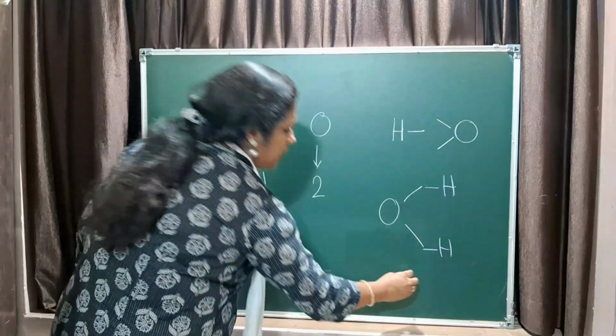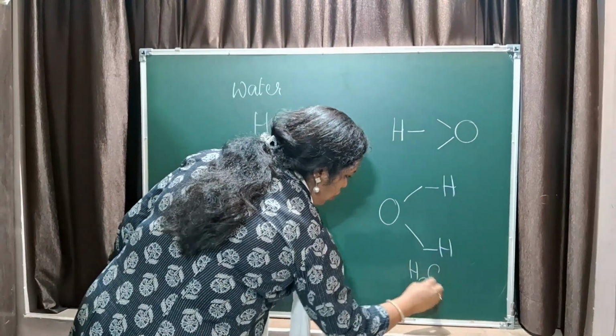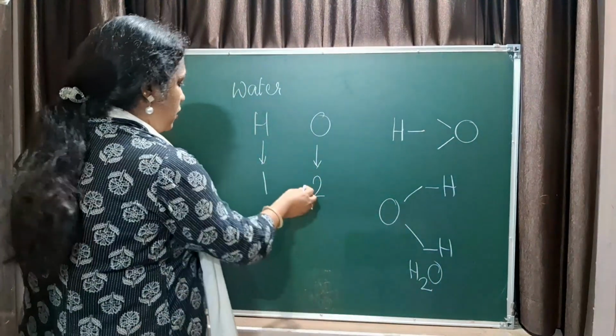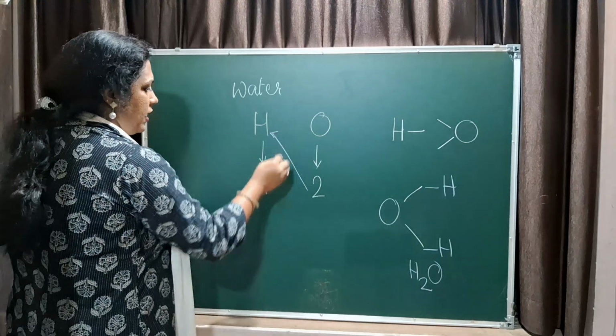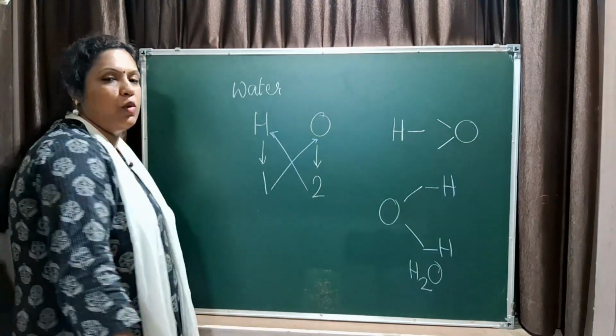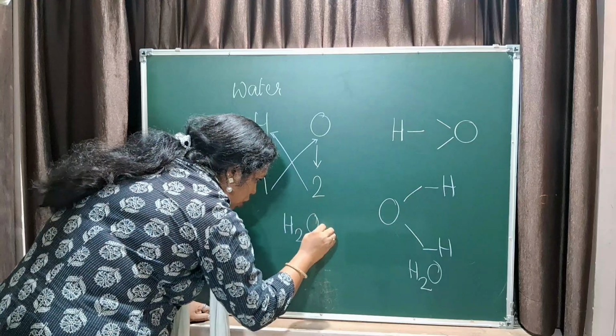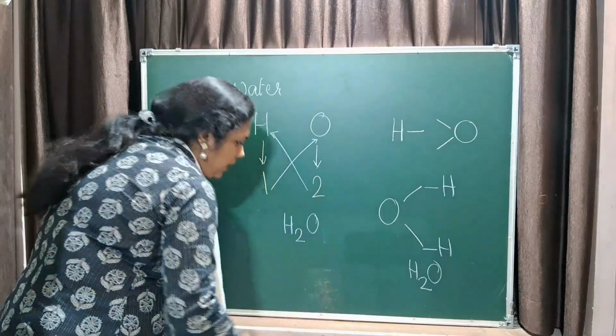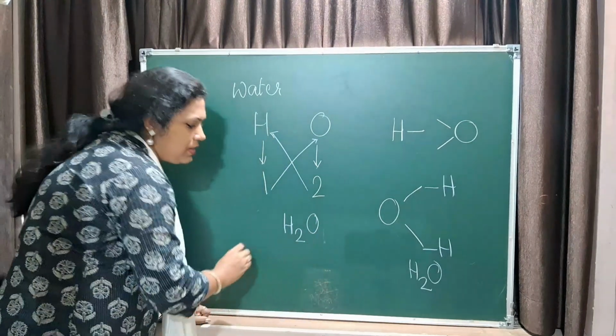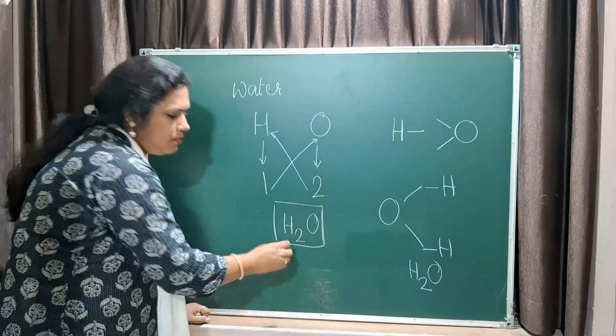It makes H2O. How H2O? 2 is written with H, 1 is written with O. 1 we generally don't write. So the formula is H2O1 and 1 we don't write. So the formula is H2O.